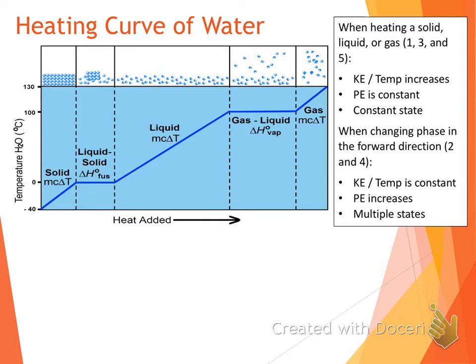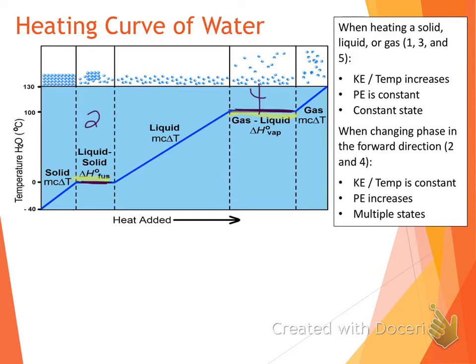Whenever we look at parts 2 and 4 of this curve, that's where we have the phase change actually happening, and we have that mixture. We have multiple states. So while a piece of ice is melting, there is a solid and a liquid physically present. But again, temperature is not changing during those phase changes. We can see that from our flat lines here.